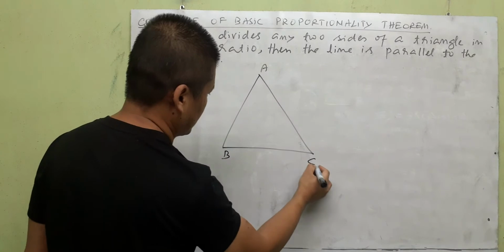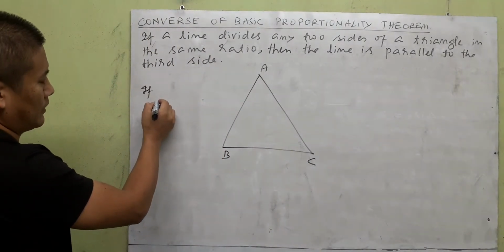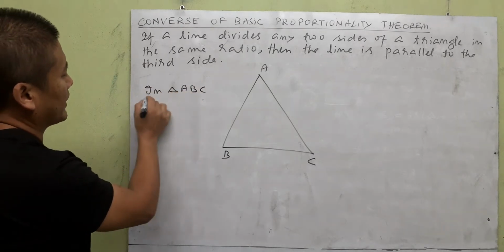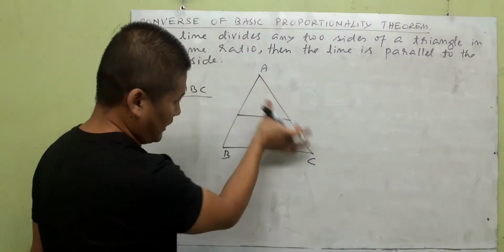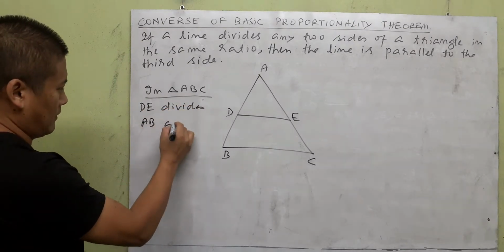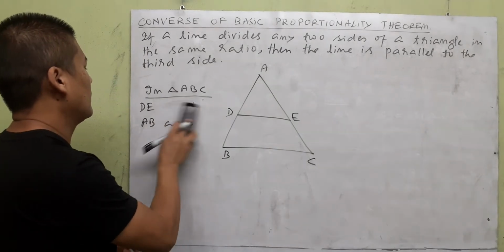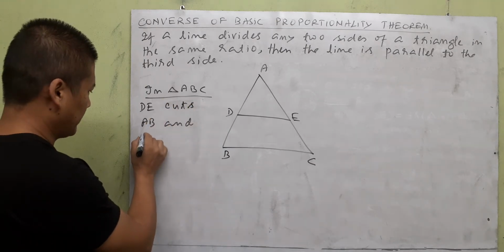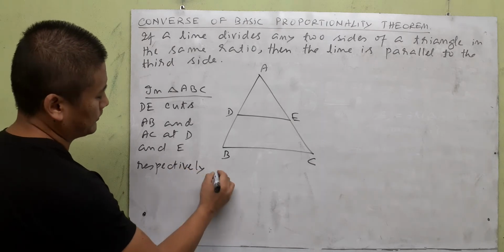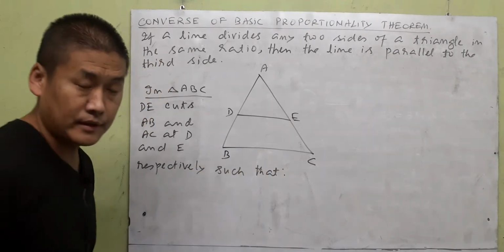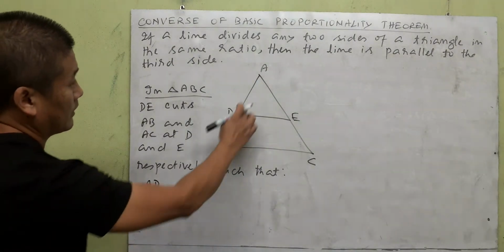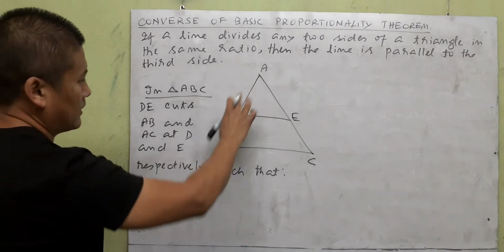What this theorem is saying is like this: in triangle ABC, let us say a line DE intersects, or cuts, AB and AC at D and E respectively, such that this ratio AD by DB is equal to AE by EC.